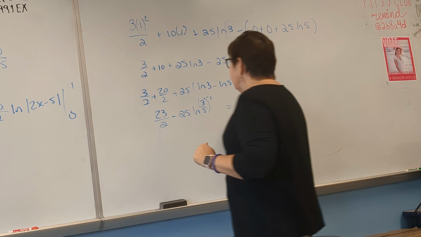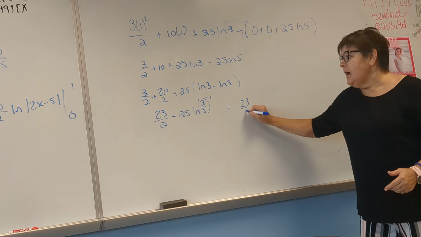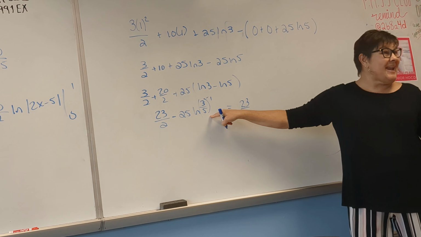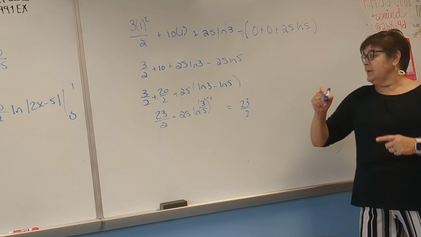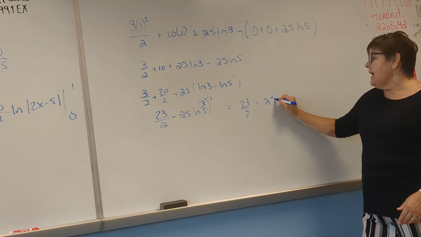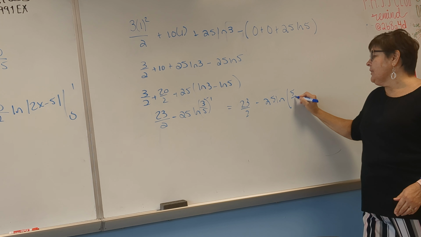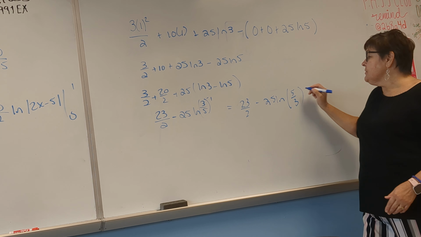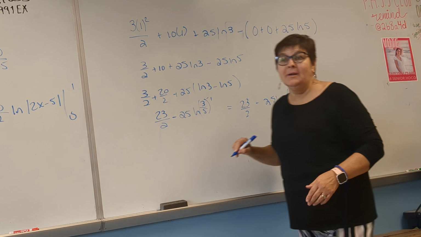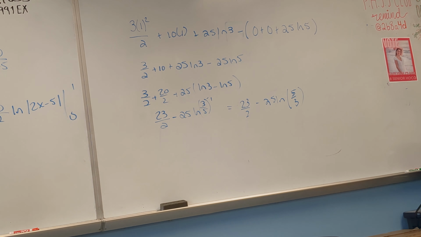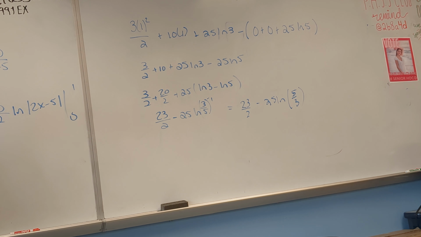So the exponential power of -1 flips that fraction. So minus 25, the natural log of 5/3. So in the future, if we hit that kind of obstacle, that's not a problem, we can handle that. Knowing that an exponential power of -1 will flip that fraction, if we wanna make it a positive one.